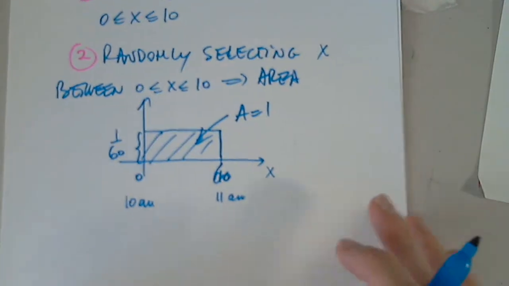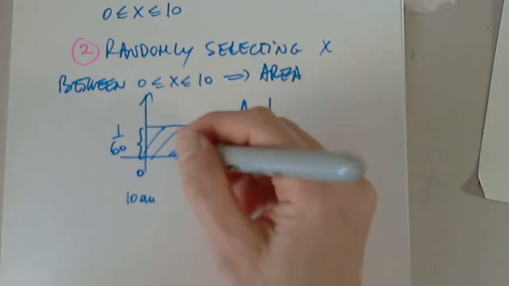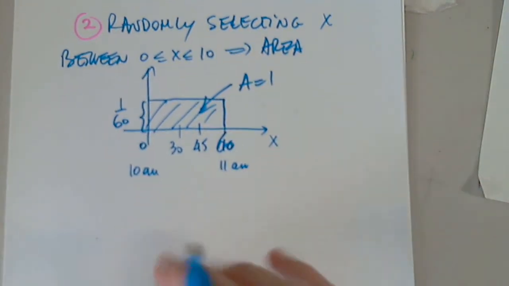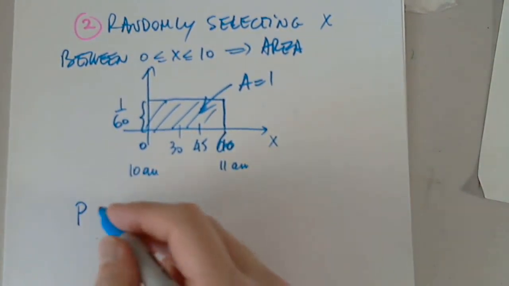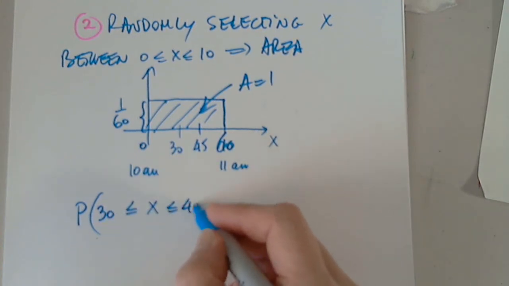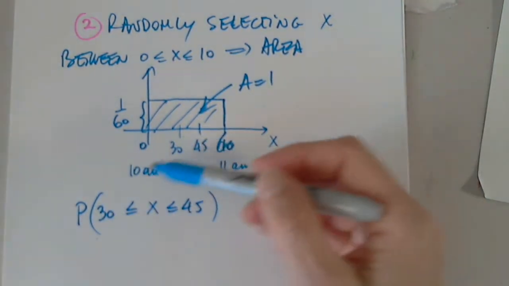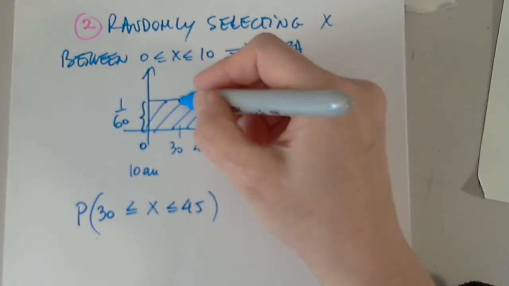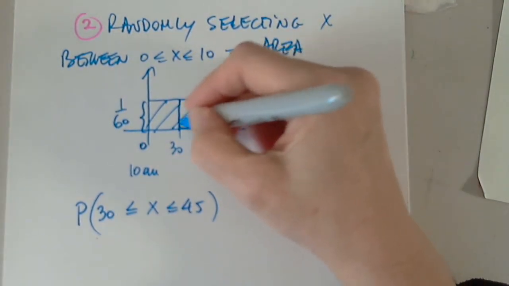Okay, so now let's pick, let's say, between 30 minutes and 45 minutes. I want to determine the probability that we get the package between 10:30 and 10:45. All I have to do is determine this area.